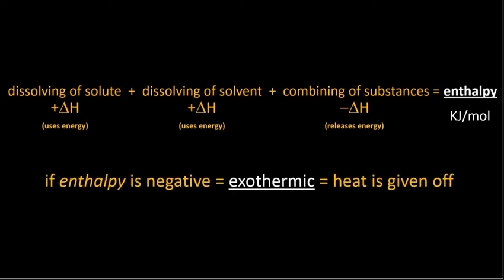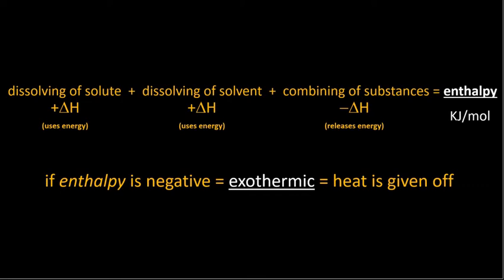Now, if the enthalpy of that reaction is negative, so you add all these up and it's negative, that means it is what's called exothermic. Ex means out, therm is heat, it's heat given off.